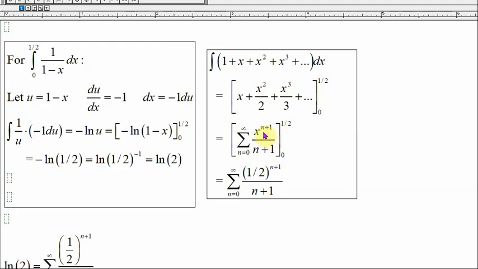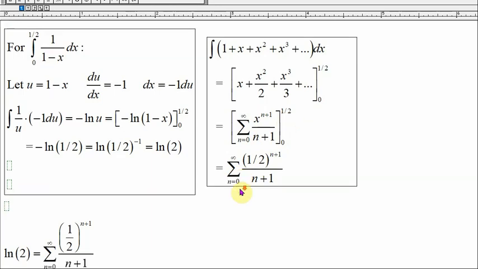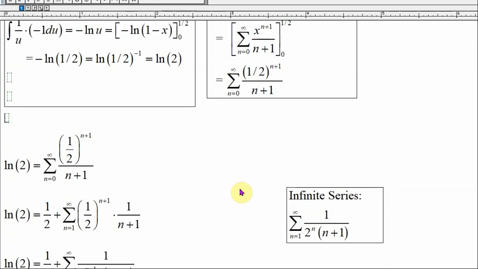So when x is a half, we get a half, and when x is 0, we just get 0. So this will be the right side. So the left side is the natural log of 2, and the right side is this expression right here.